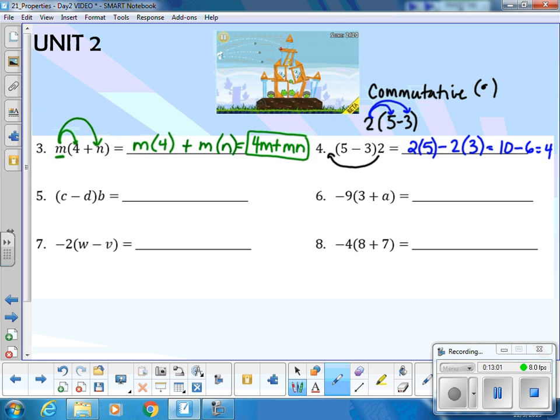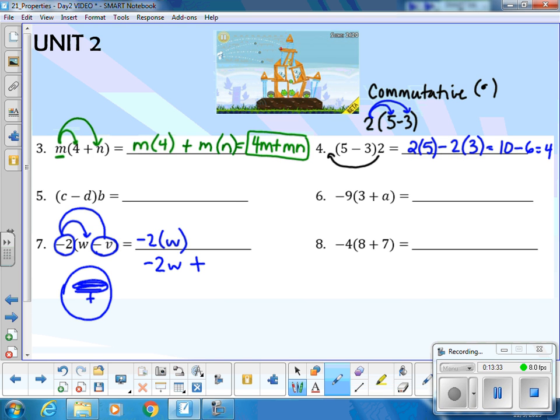So if you look at number 7, this one's a little different because I have a negative. I'm multiplying by this negative here. So if the negative 2 is multiplied times W, that's going to give me a negative 2W, correct? What happens if the negative 2 is multiplied times a negative V? A negative times a negative would give me a positive answer.